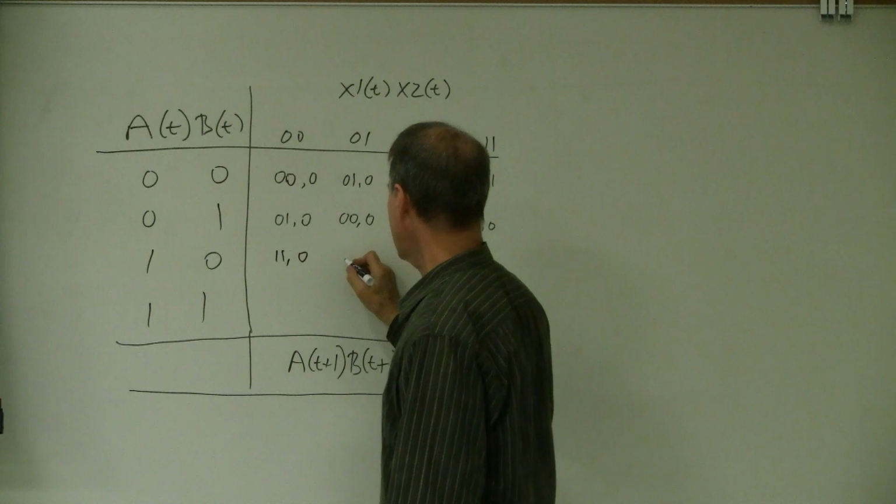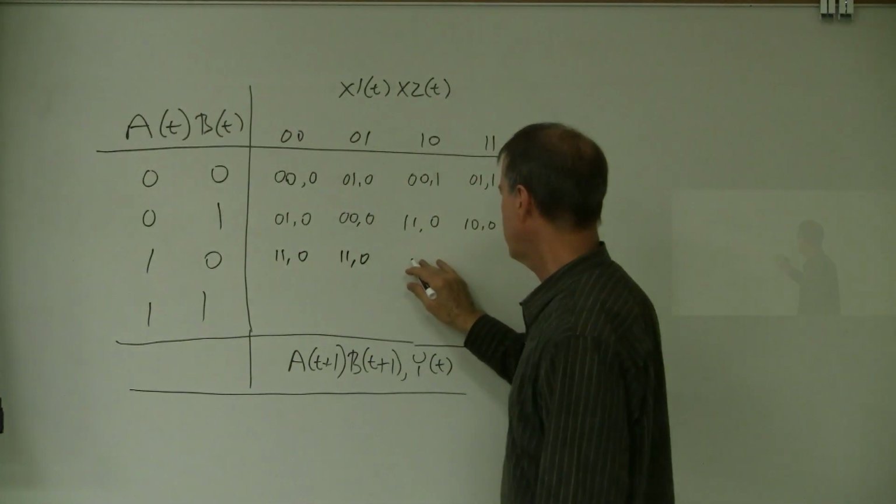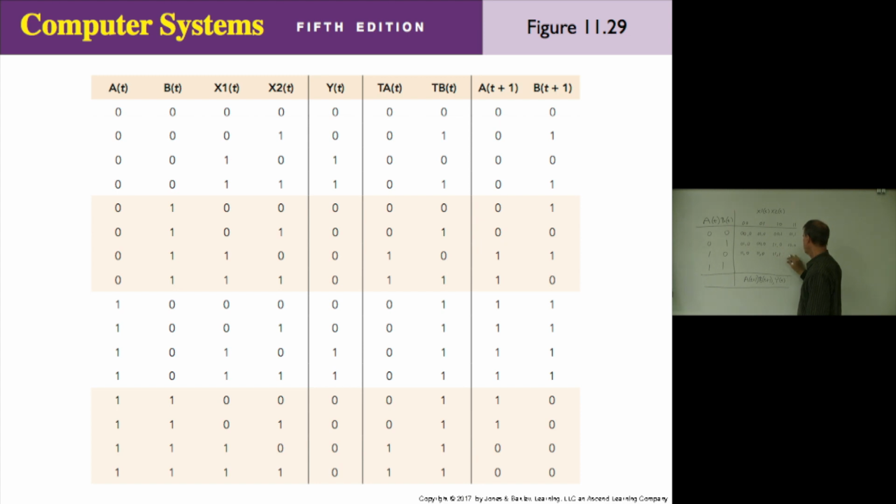1, 1, comma 0. 1, 1, comma 1. Who's next? 1, 0, comma 0, is that what you said?